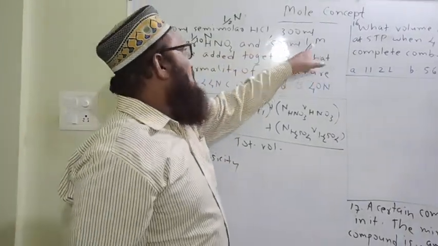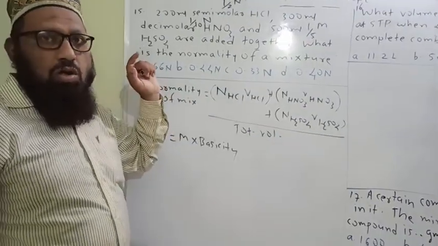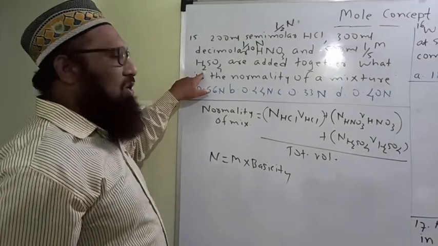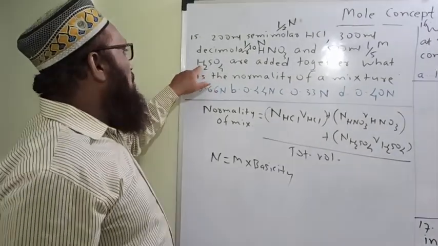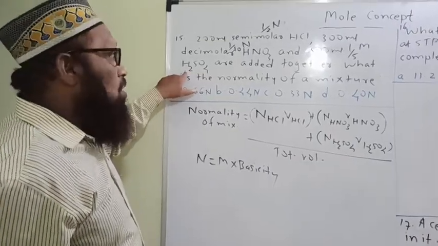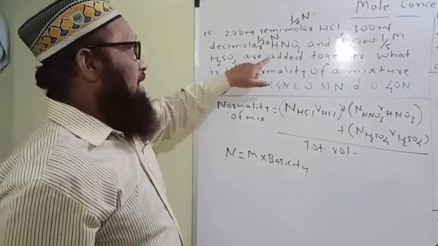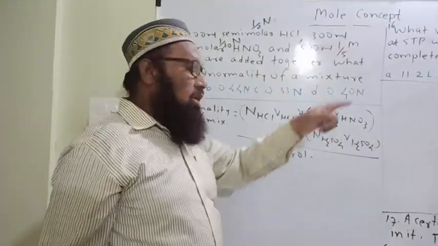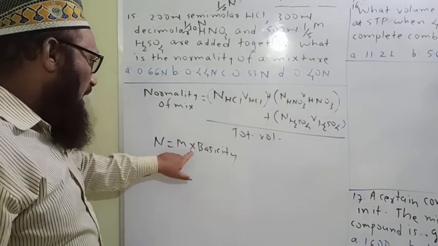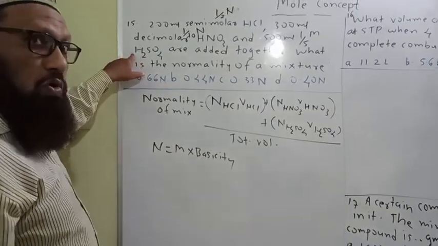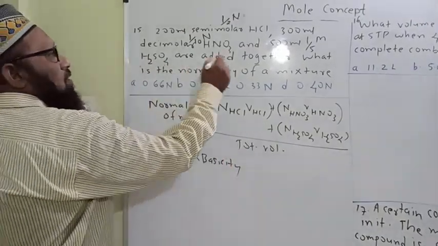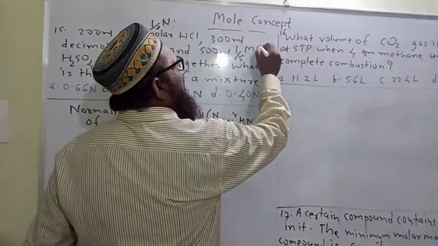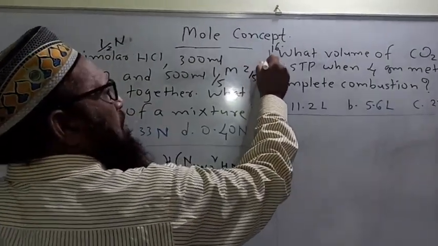Now regarding sulfuric acid, H2SO4, the basicity of sulfuric acid is 2 because the number of ionizable replaceable hydrogen is 2. Therefore the normality of 1/5 molar solution, 1/5 into basicity 2, is nothing but 2/5 normal.